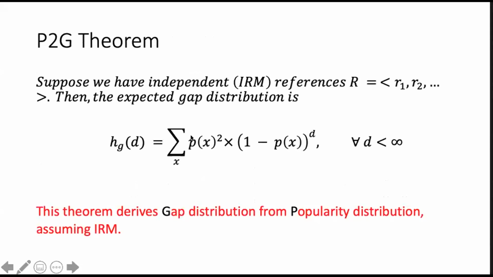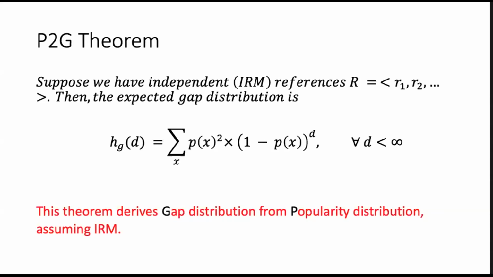Besides the PG2S theorem we saw previously, there is a P2G theorem as well. This theorem tells us that we can simply derive the gap distribution from the popularity distribution, again assuming the independent reference model.